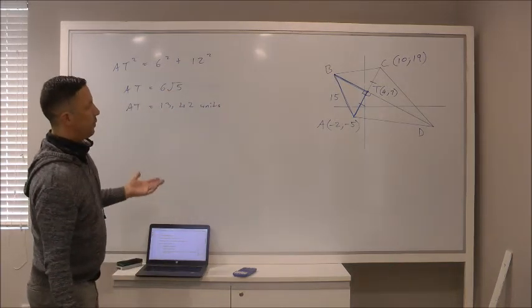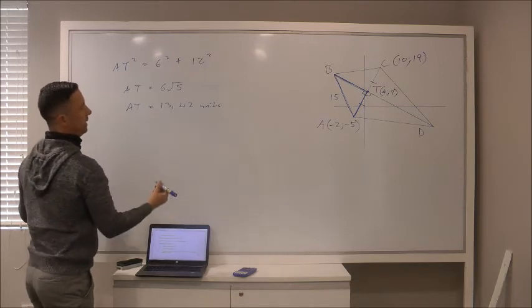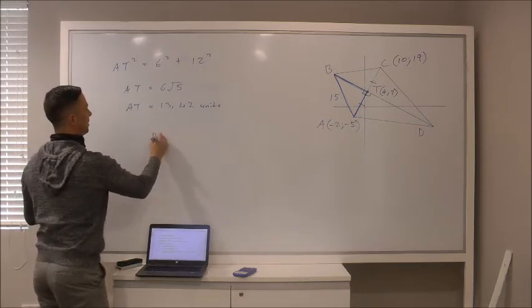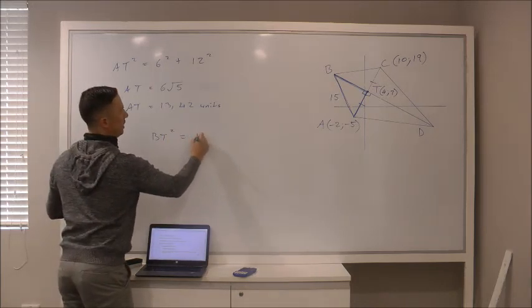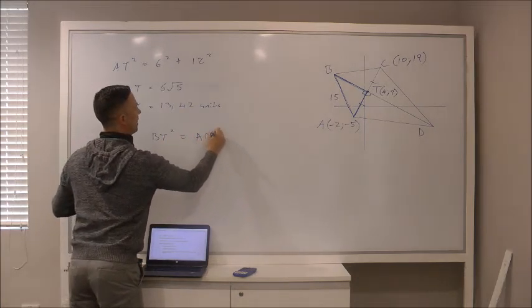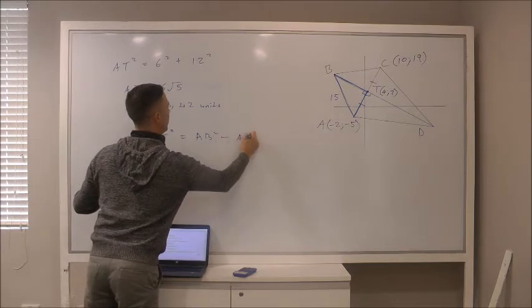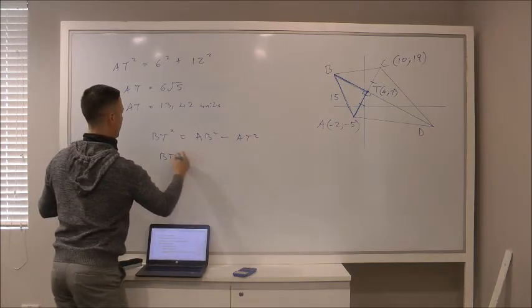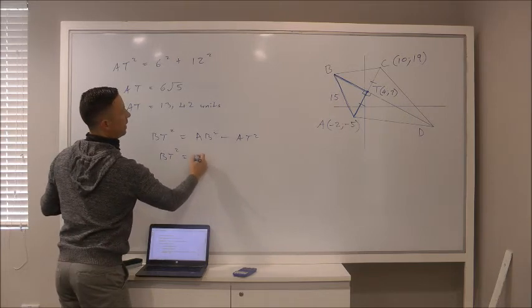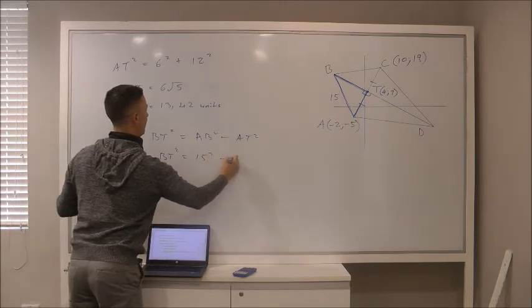So, right, I'm not done with the question yet. I'm still trying to work out BT using Pythagoras. Now remember guys, BT is not the hypotenuse. So BT squared will equal AB squared minus AT squared. So BT will equal AB is 15.